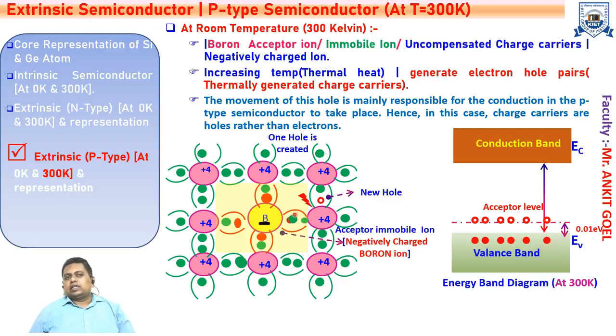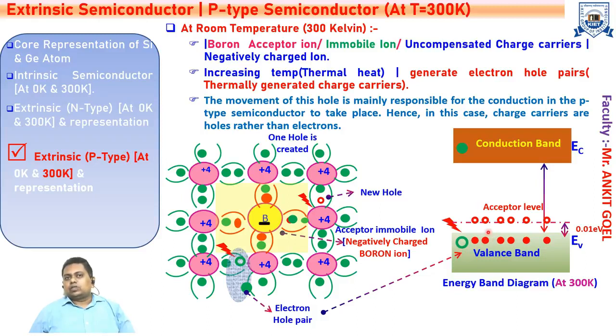Before understanding it, at room temperature, the process of thermally generated electron-hole pairs will take place. So I have shown here that as soon as the temperature is increased, or the semiconductor is kept at room temperature, an electron-hole pair is generated. This process is also shown here: if the temperature is given, the electron will reach the conduction band, leaving behind the hole in the valence band.